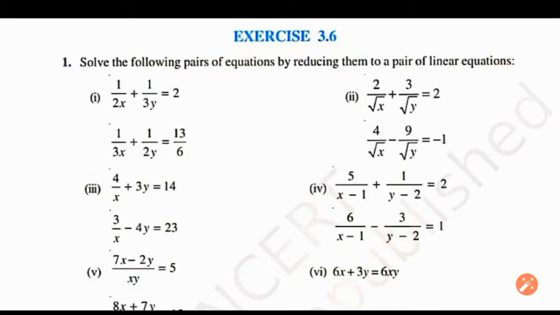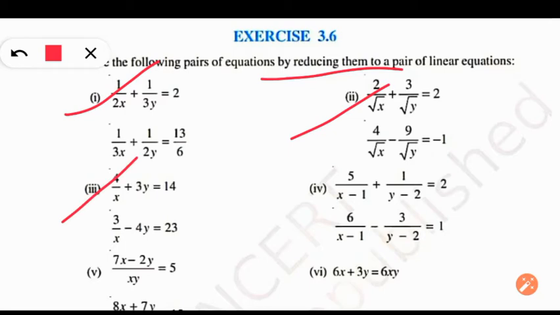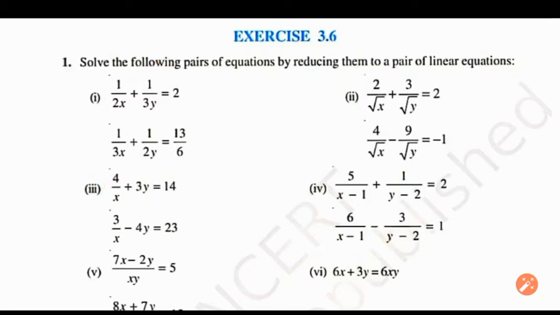Okay, in this exercise what we are required to do, first we are required to reduce the given equation to a pair of linear equation, then we are required to use any algebraic method in order to solve them. Okay, so see, sub part 1, sub part 2, sub part 3, they are not in the proper form or general form of the pair of linear equation.